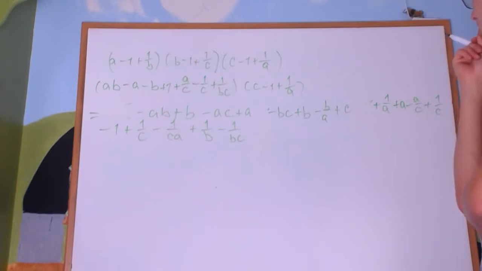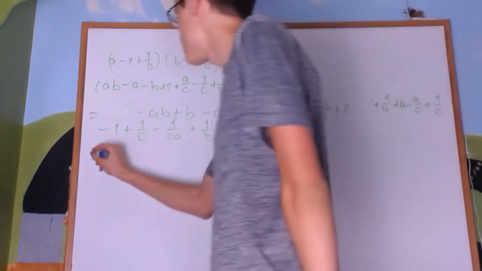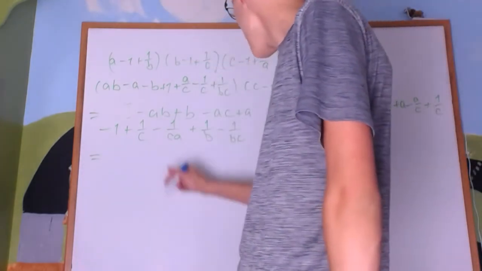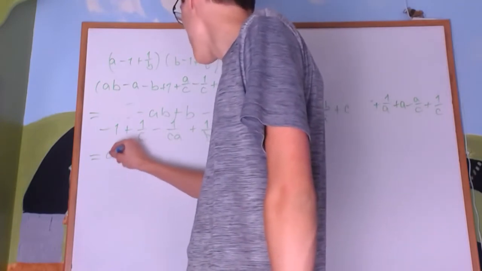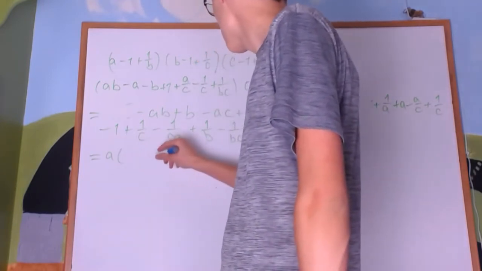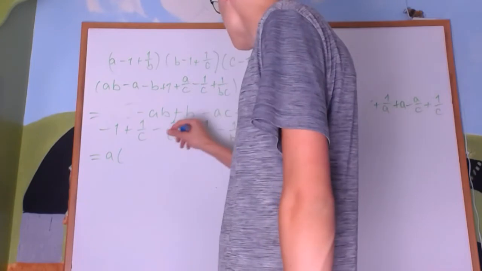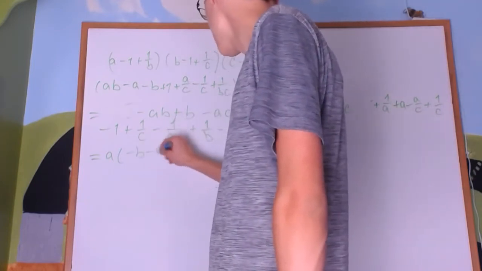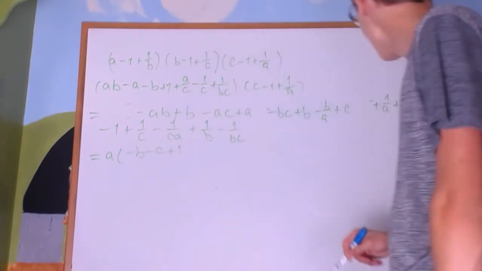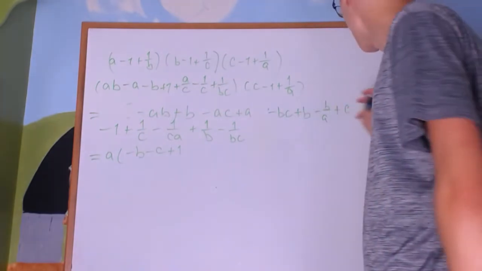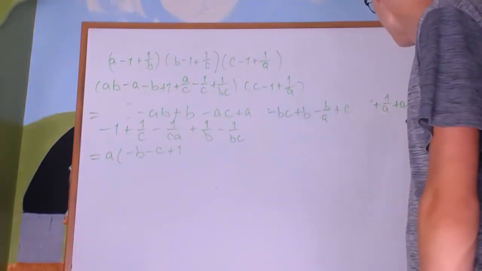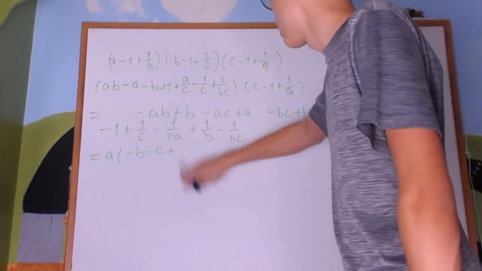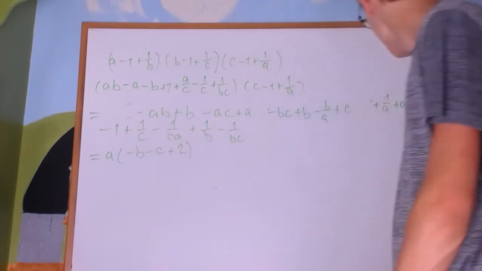Alright. Let's go ahead and get all the A terms together. So we have A times minus B minus C plus 1 plus another 1, plus 2.